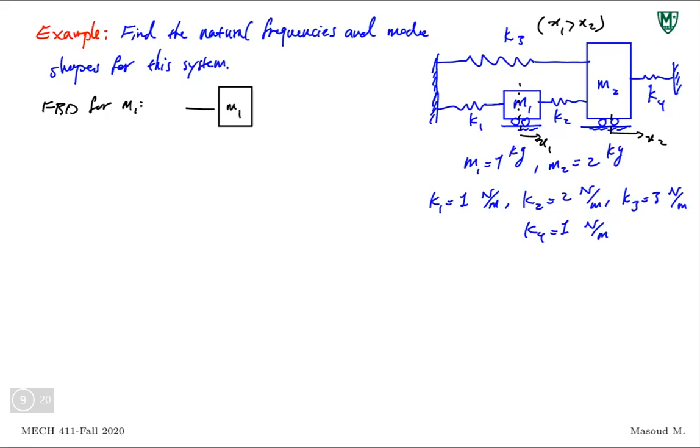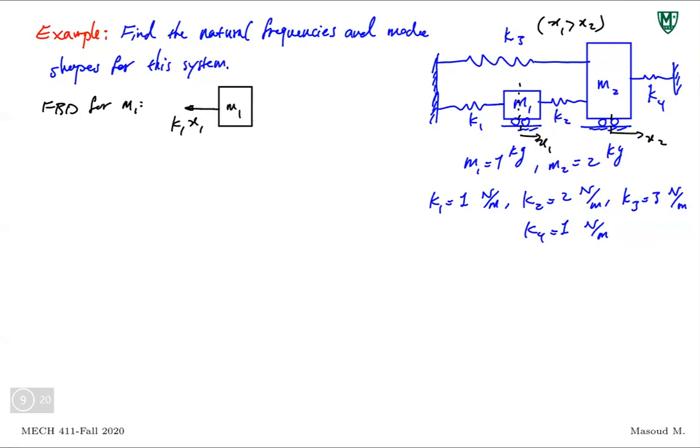Let's be more meticulous. K1 X1. Now, for what is between them, M1 is going towards M2, so the spring between these two is under compression, meaning the spring wants to push. Remember, springs and dampers want to push the masses, whatever they're in contact with, towards their initial or equilibrium position.